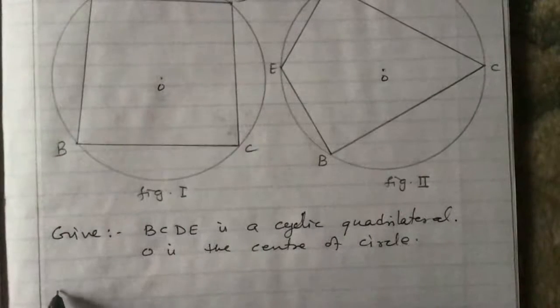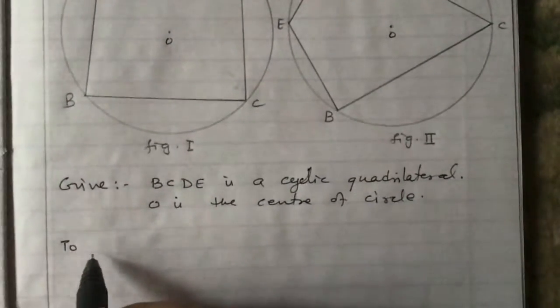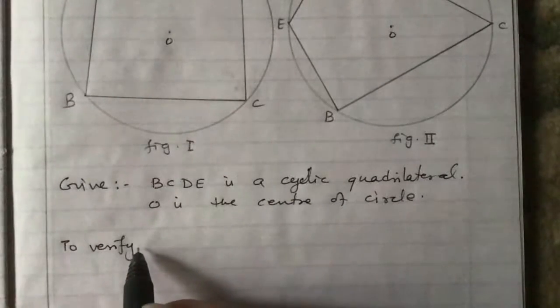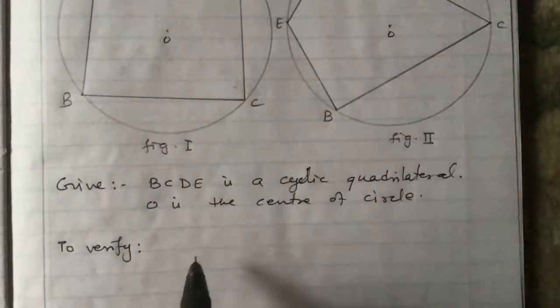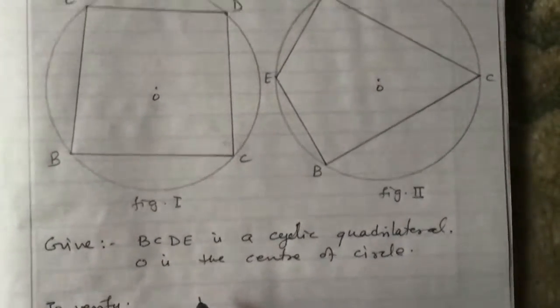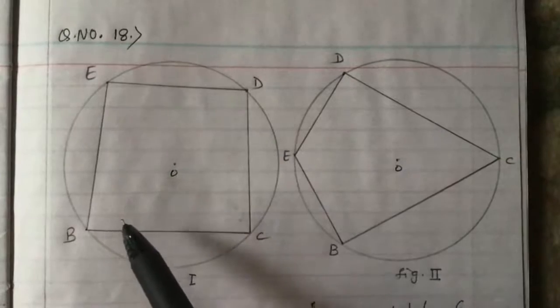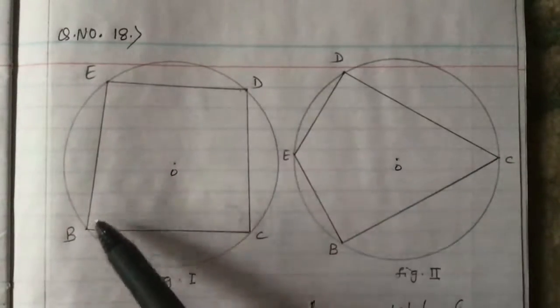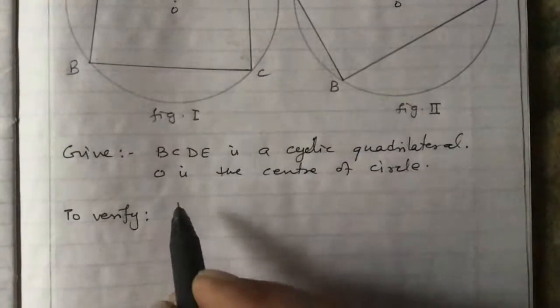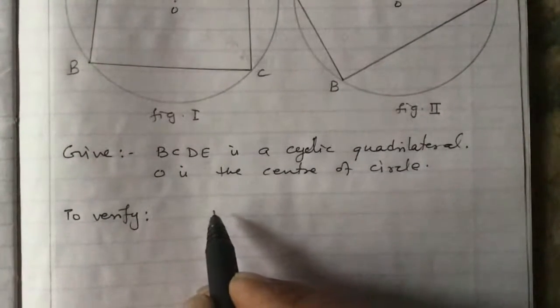Now we need to verify. To verify: explore experimentally means verify experimentally. Okay, so here see, we have to find the relationship between the opposite angles, means this and this, and this and this. Okay, so what is the relation between these two that we know already? The sum should be 180 degree, so that only we will prove here.